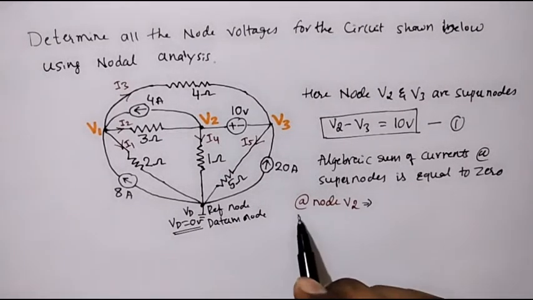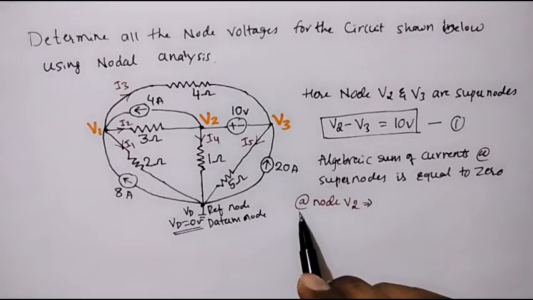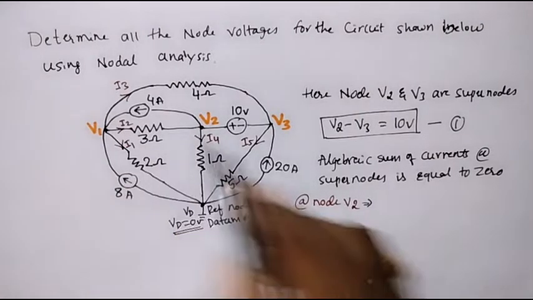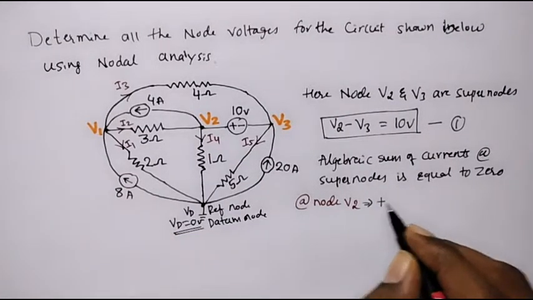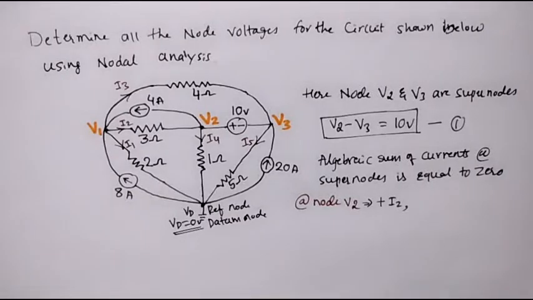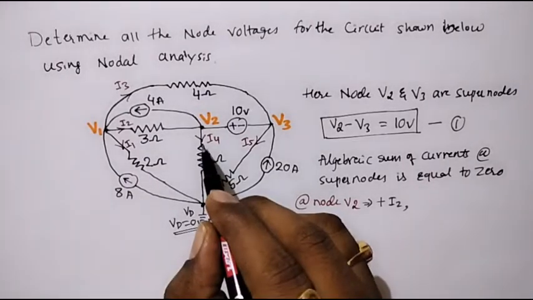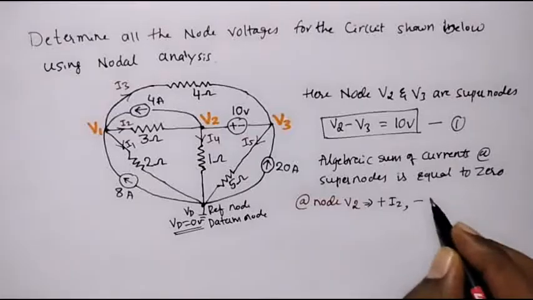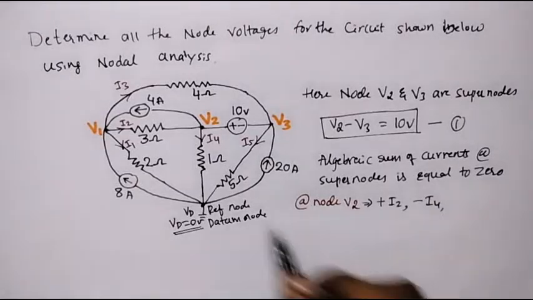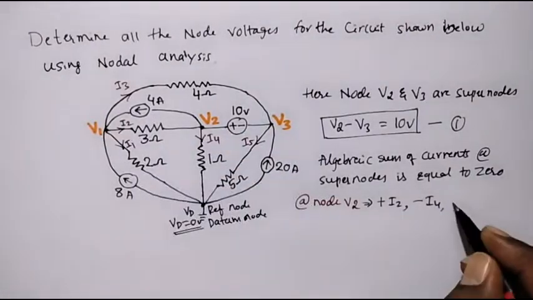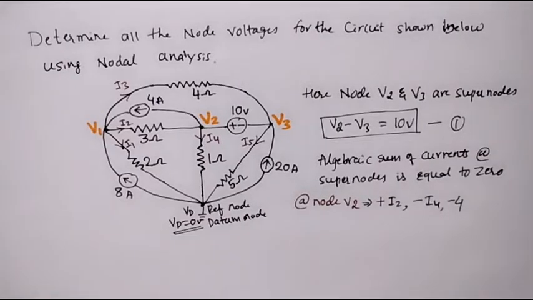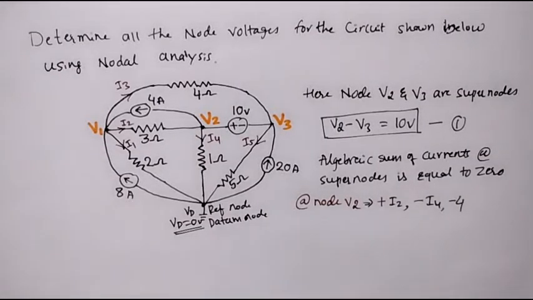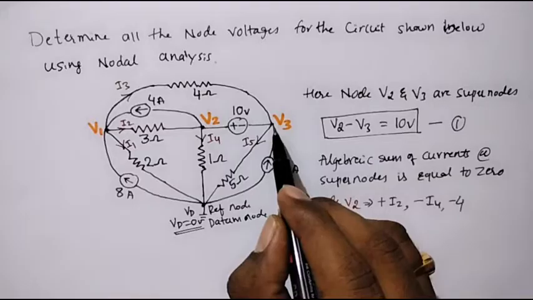So I can say at node V2 current I2 is incoming, that is plus I2. Current I4 is leaving the node, that is minus I4, and current 4 is leaving the node, that is minus 4. Now find the currents at node V3.